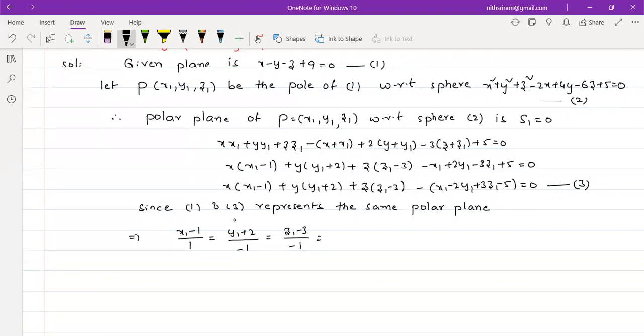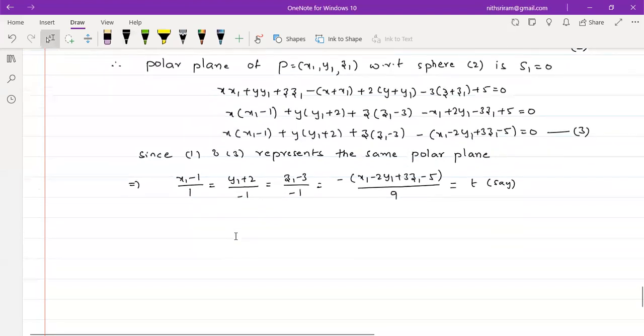And finally coming to the constants, we have minus of (x1 minus 2y1 plus 3z1 minus 5) by, and the constant term in equation 1 is 9. So we equate all these terms to a constant, small t.